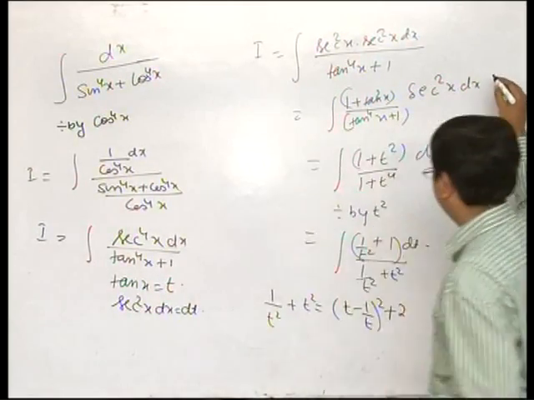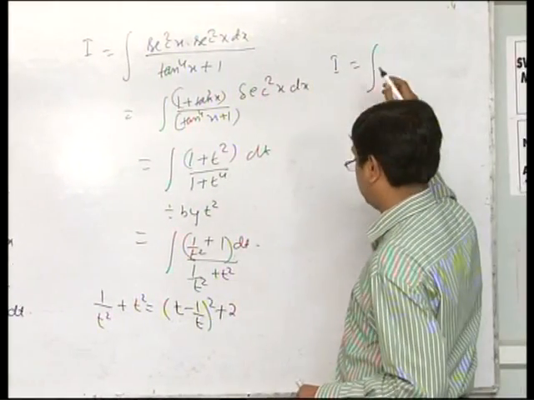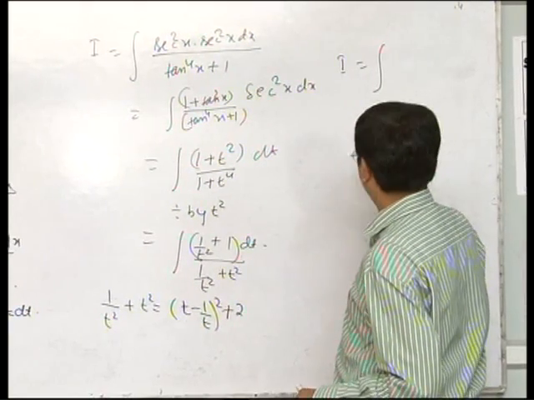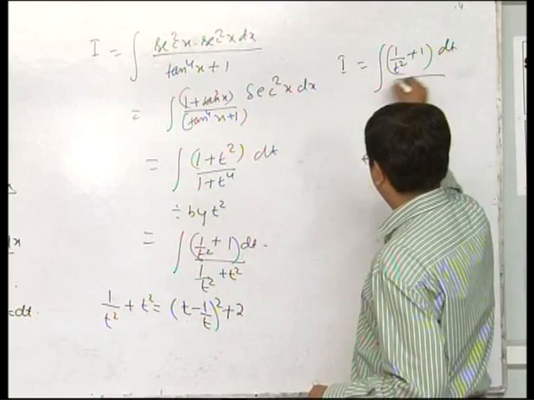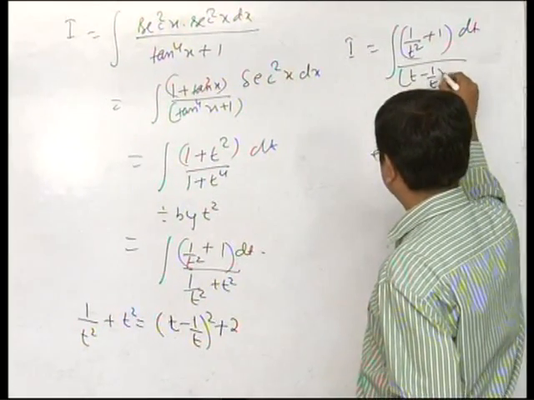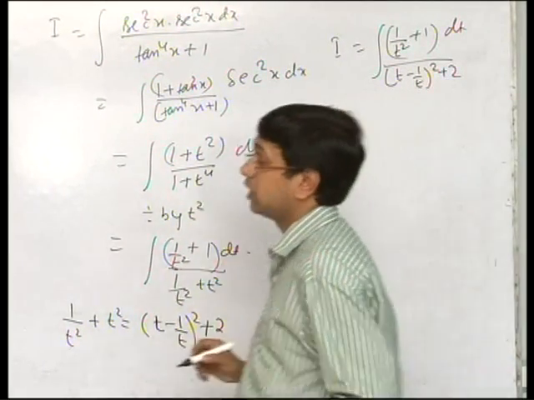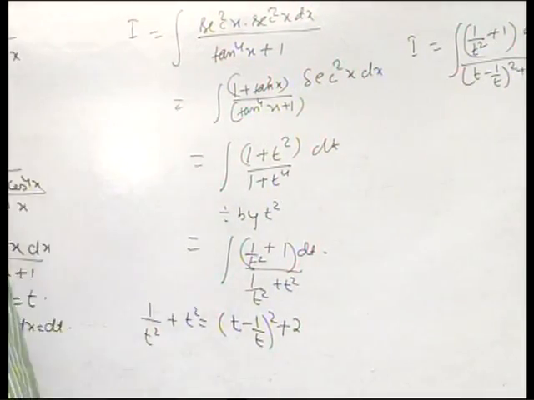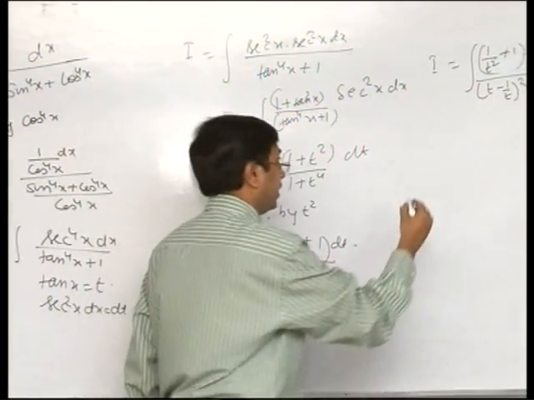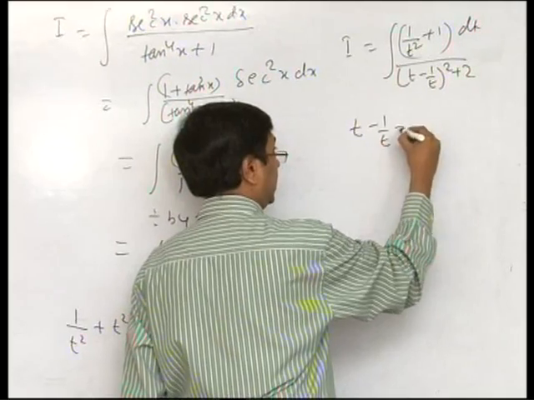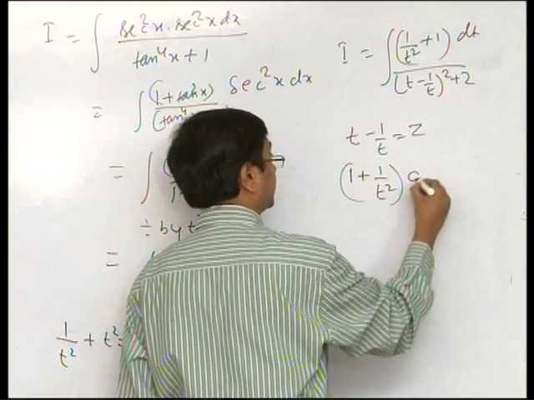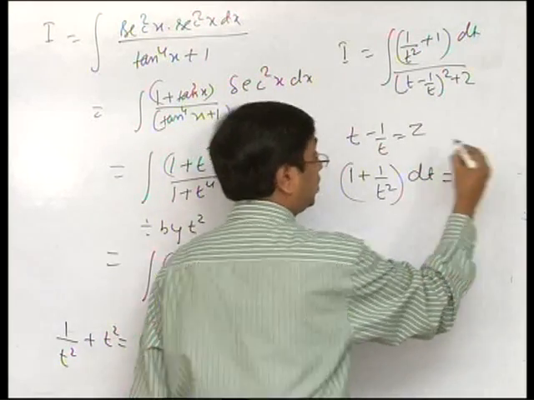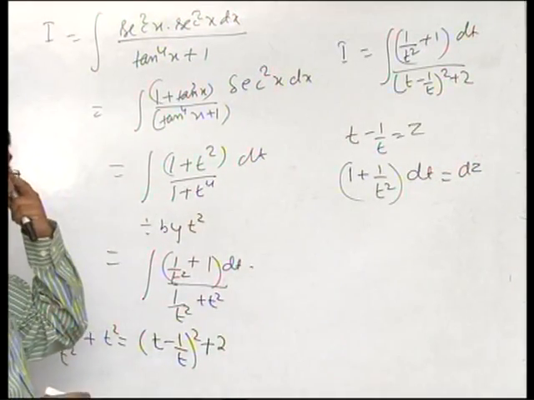So your I is 1 by t square plus 1 dt, and denominator is t minus 1 by t square plus 2. So this is a common method, it reduces. Then from here, t minus 1 by t can be put as z, or u, whatever you want. dz is equal to 1 plus 1 by t square dt.